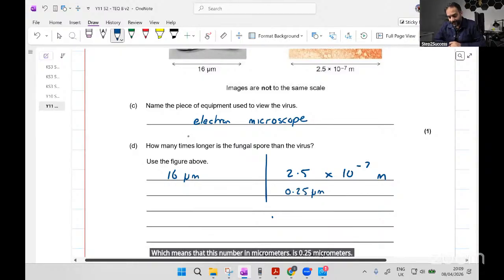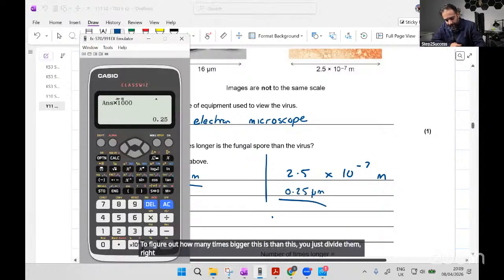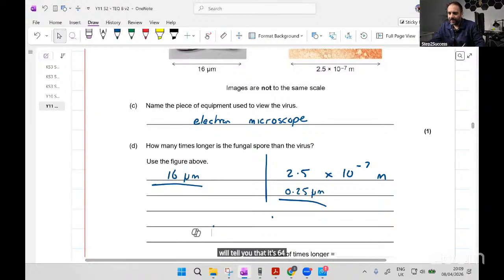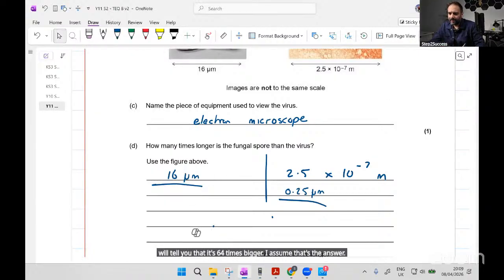And then to figure out how many times bigger this is than this, you just divide them, right? So 16 divided by that will tell you that it's 64 times bigger. I assume that's the answer. It is.